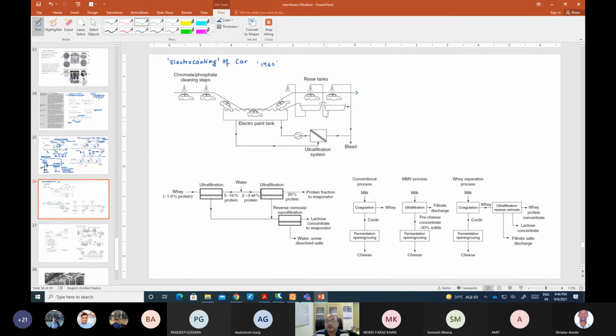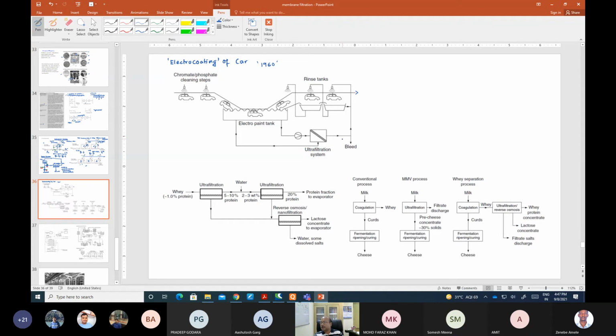See, now they have started recycling the paint solutions in a way that the excess paint, the ultrafiltration plant takes the paint solution containing 15 to 20% solids and produces a clean permeate containing only ionic impurities but no paint particles.